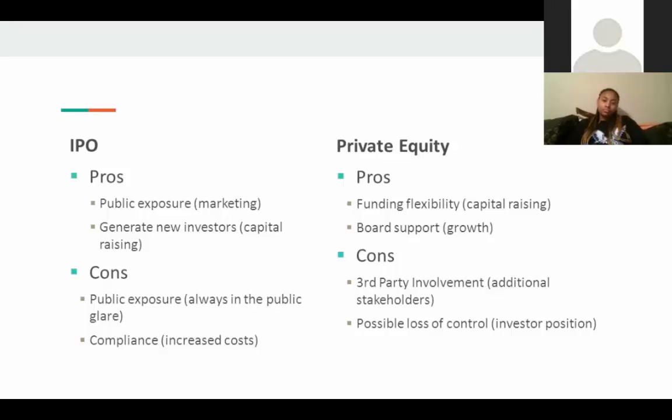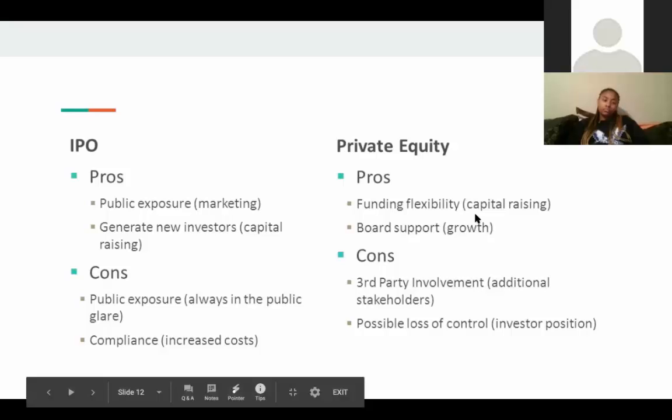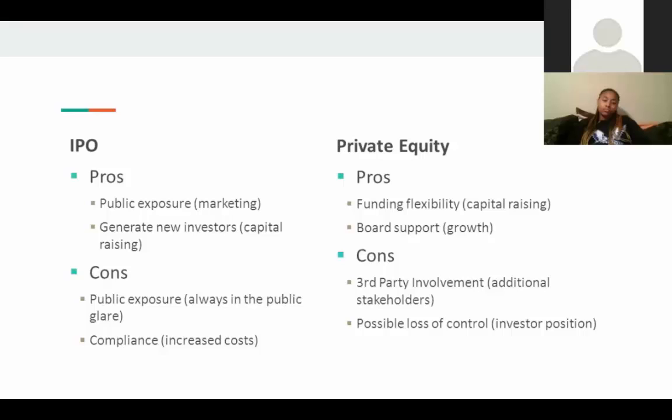And if you look at going into a private equity, there's lots and lots of pros. You have flexible funding. The board will supply enormous growth just due to the fact that there's going to be expertise and connections, because it's a little bit more hands-on within the investors, because they have management incentives.